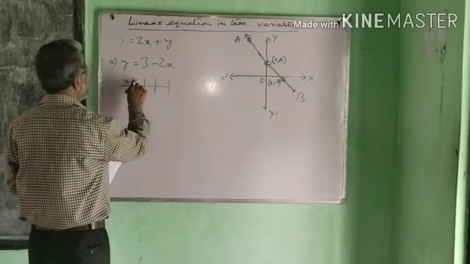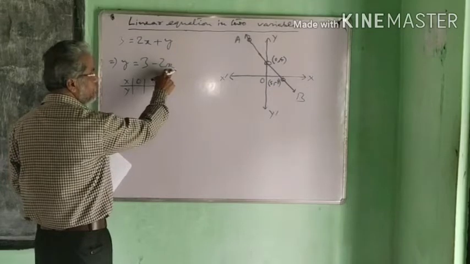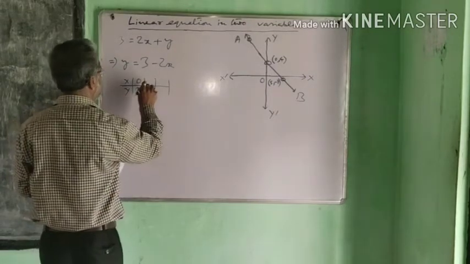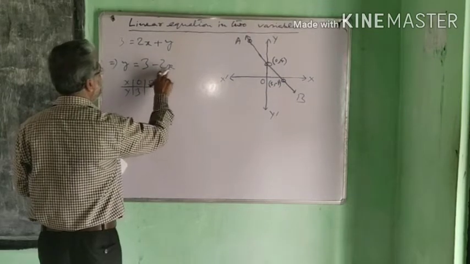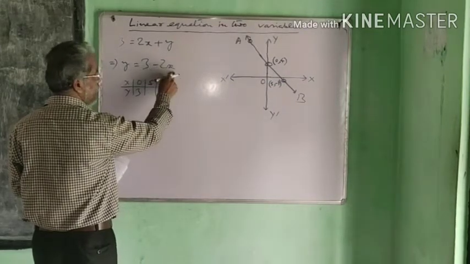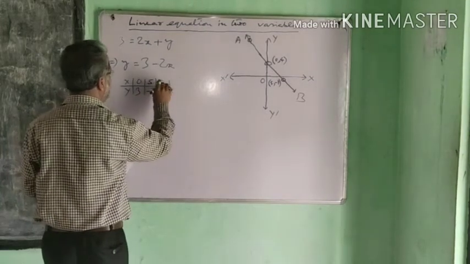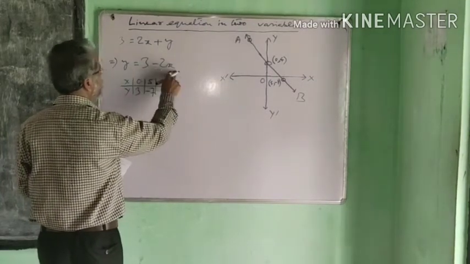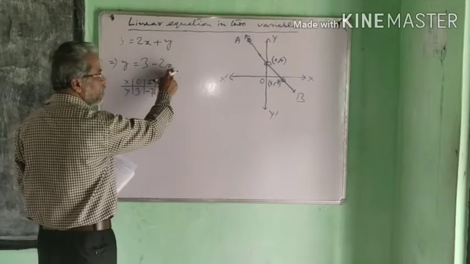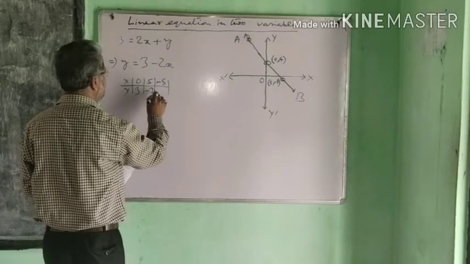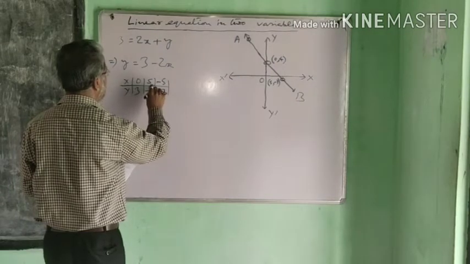If we take x as 0, 2 into 0 is 0, 3 minus 0 is equal to 3. If we take x as 5, then 2 into 5 is 10, 3 minus 10 is minus 7. If we take x as minus 5, then minus 2 into minus 5 is plus 10, and 3 plus 10 is 13.